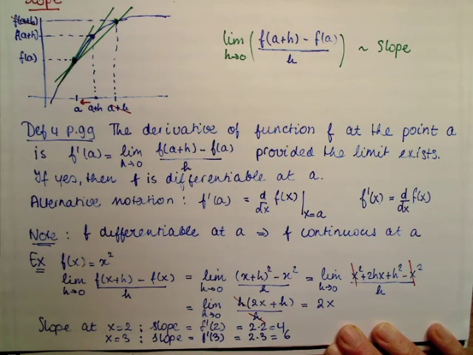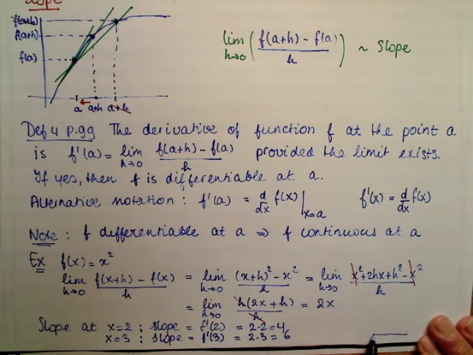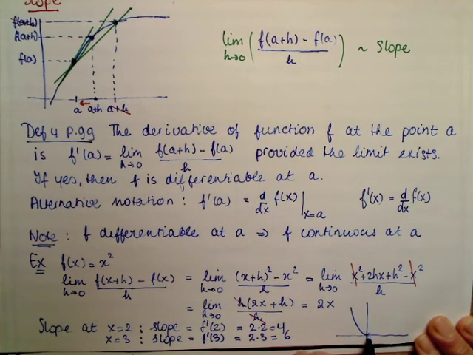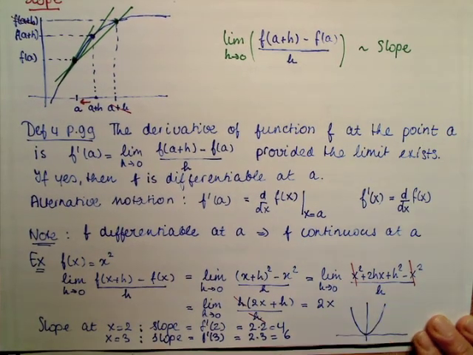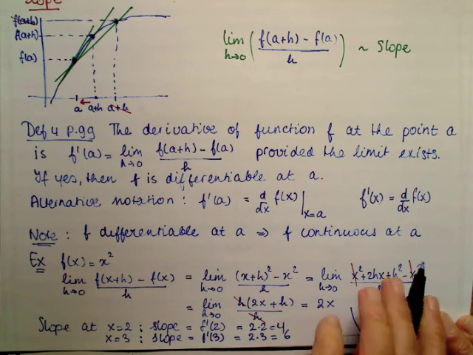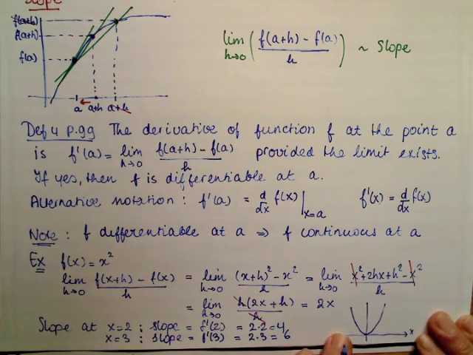So very nice. And it makes sense. The slope at 3 is much higher than the slope at 2. Well, if we look at the picture of the function f(x) equals x squared, then indeed if you increase your x value, you see that the slope becomes larger and larger. So this makes sense.